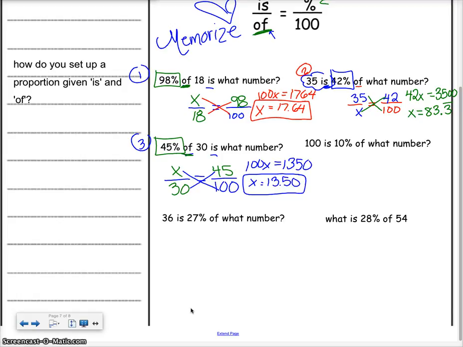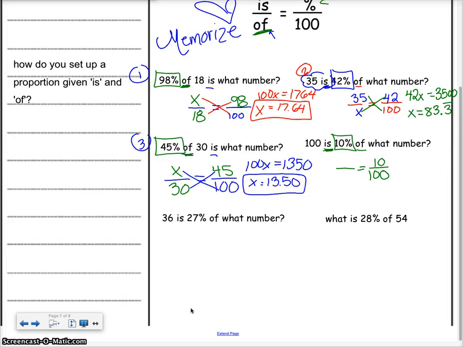All right, next one. 100 is 10% of what number? So I see the vocab word is and of, so I know it's an is over of equals percent over 100. So I draw my template, identify my first vocab word, and then determine what number is connected to it. 100 is 10%. Well, 10 is a percent, so that goes over 100.